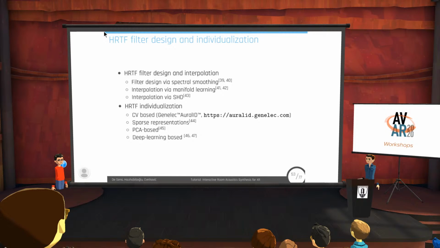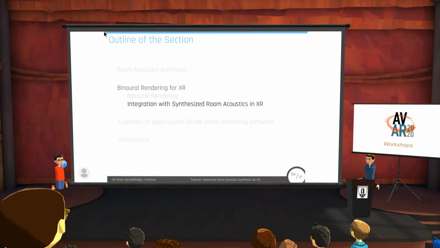And an exciting recent addition to the several methods to solve this problem, which uses computer vision, was developed by the Finnish loudspeaker manufacturer company Genelec for binaural monitoring of audio beds. I would think that would be quite commonplace in a couple of years for individualizing HRTFs for XR applications as well. So how can we then integrate binaural synthesis with room auralization?